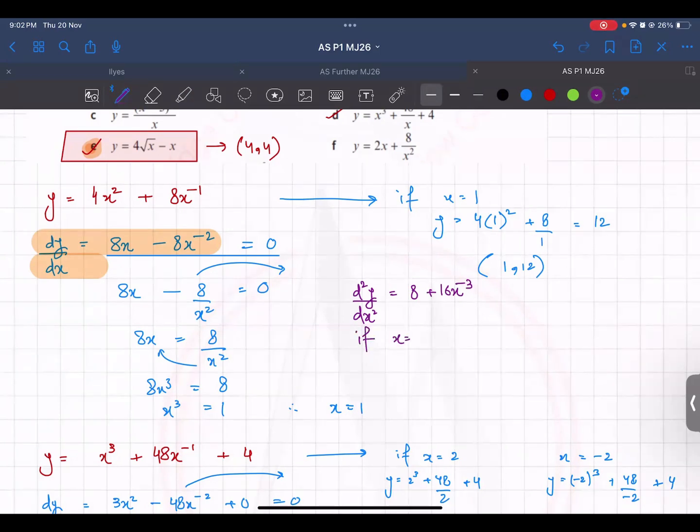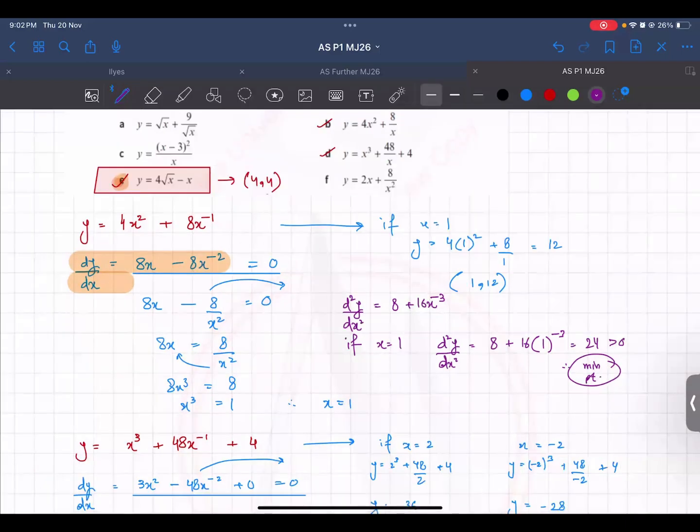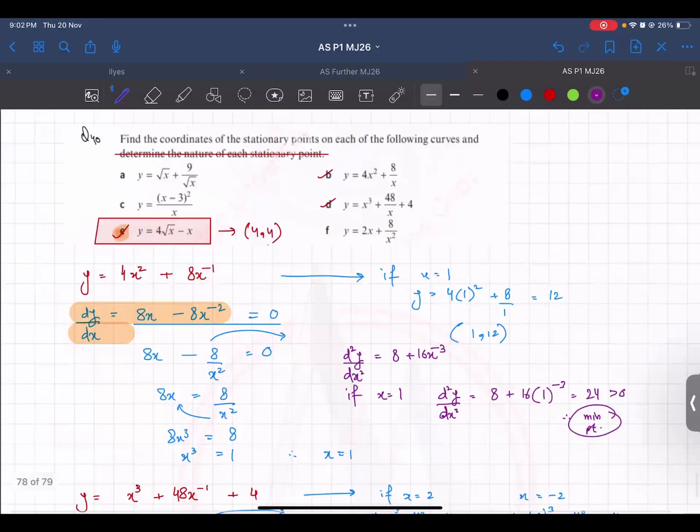And now if your x coordinate of the turning point is 1, so the value of the double derivative is equal to 8 plus 16 times 1 to the power minus 3, which is coming out as 24, which is positive, which means that this is a minimum point. This is it. This is how you find if it is minimum or maximum.